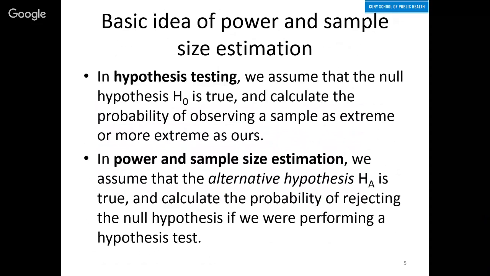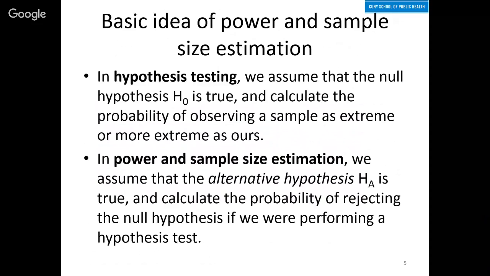That was part of why I spent a while on those null and alternative hypotheses, to drill this home. But in power and sample size estimation, we take the opposite approach: we assume that the alternative hypothesis is true, and then calculate the probability of rejecting the null hypothesis when we perform our hypothesis test.